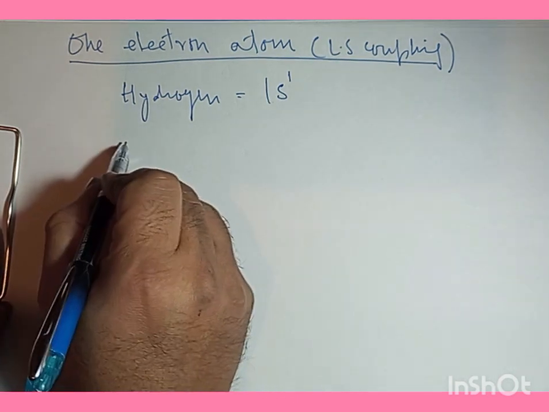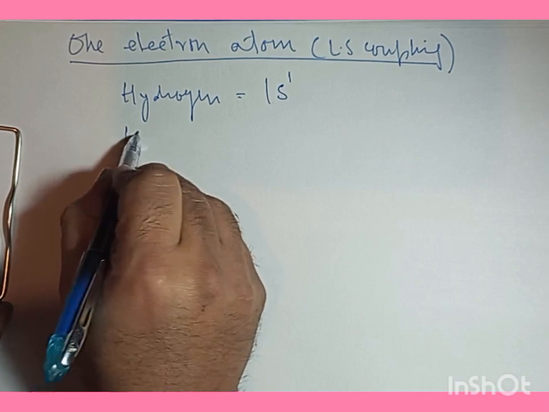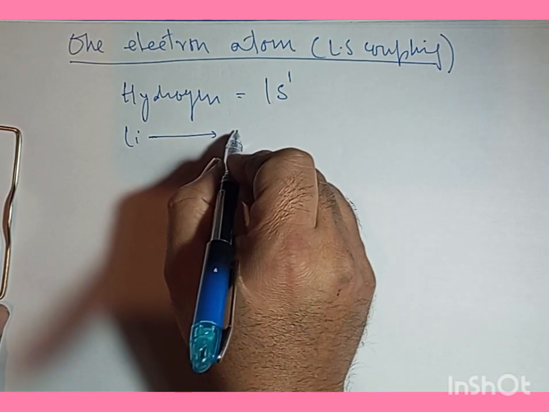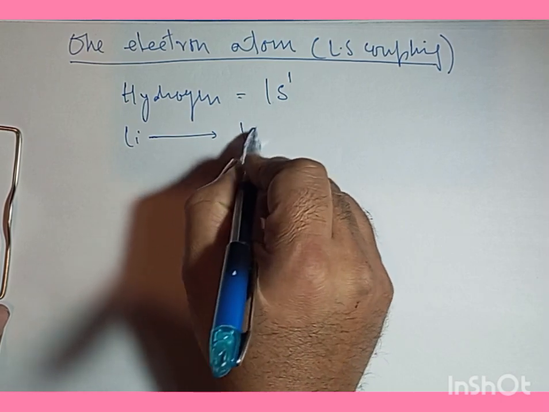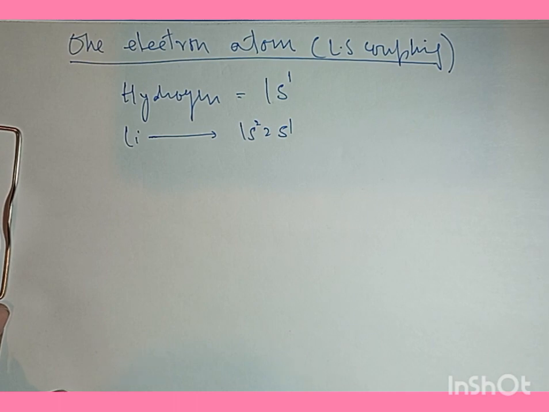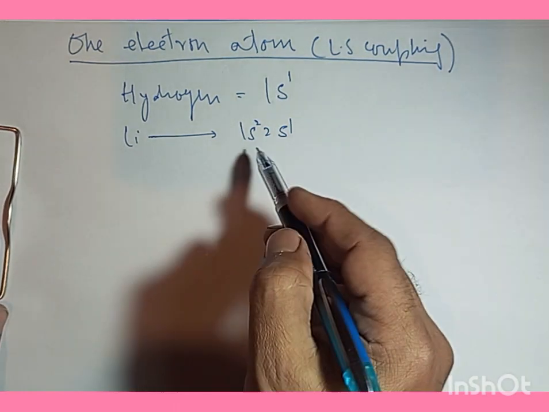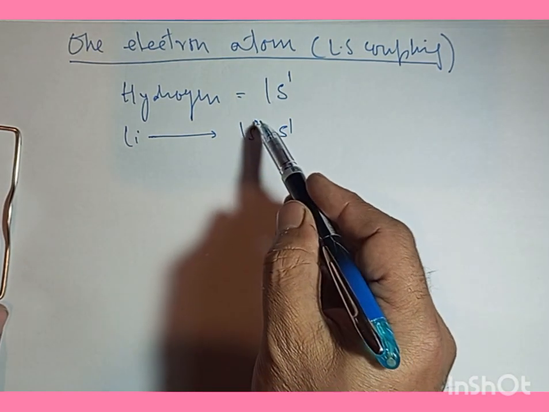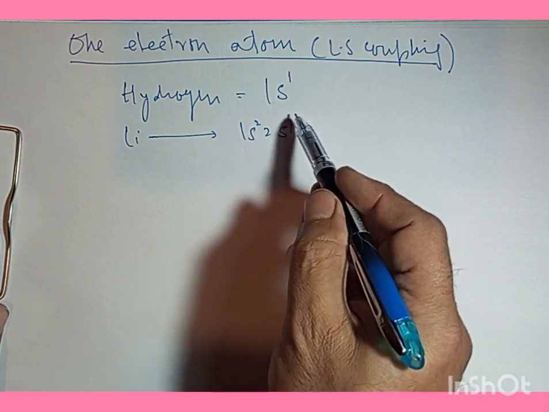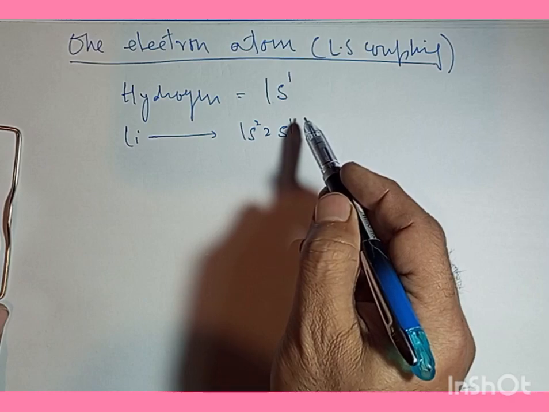Now, if I take another example of, say, lithium. What will be its electronic configuration? It will be 1s2 and 2s1. So the inner orbit is filled in case of lithium, and its valence shell has one electron.